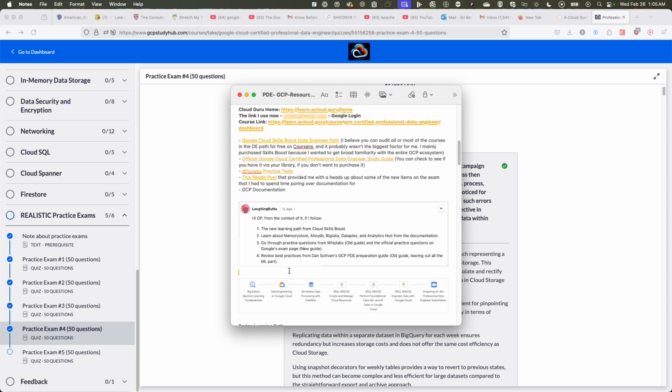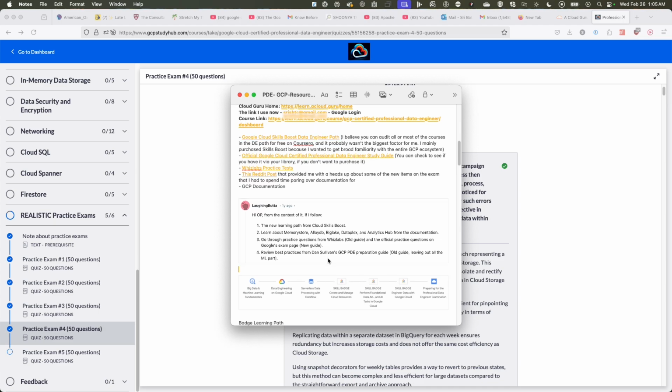For example, Dataplex: initially they had the Data Catalog product, which has been discontinued recently, and there won't be support after January 2026. So they're trying to integrate everything into Dataplex: metadata management, data lineage, and data governance. So we can see new questions on the Dataplex product. He also said to go through WhizLabs practice exams and review best practices from Dan Sullivan's exams.